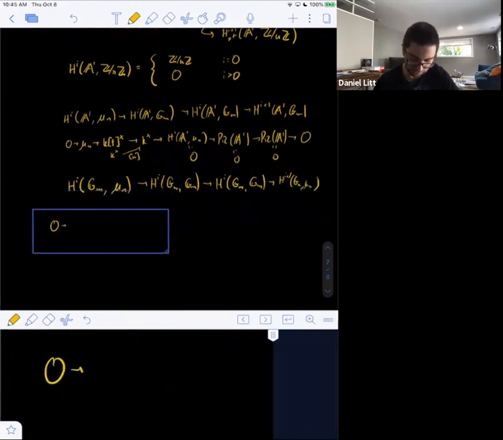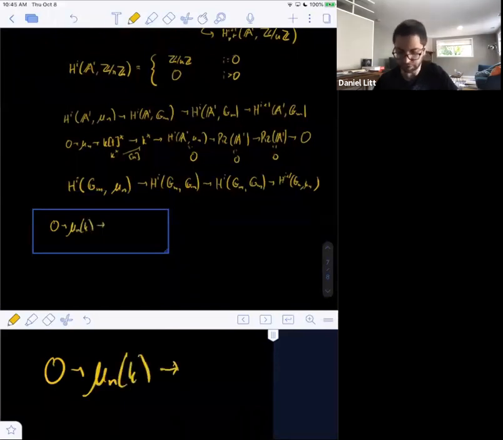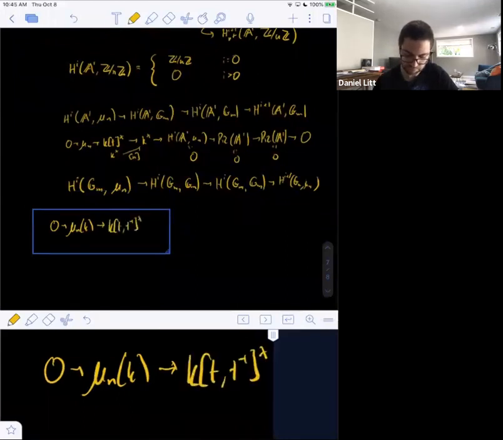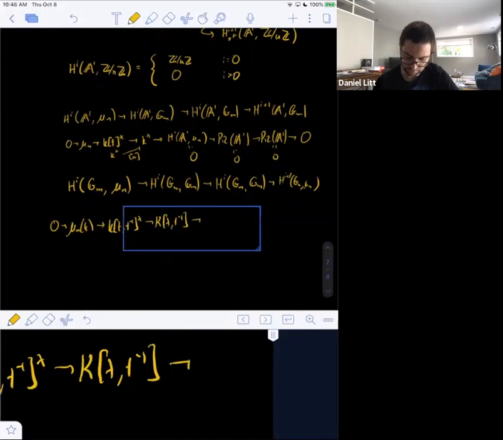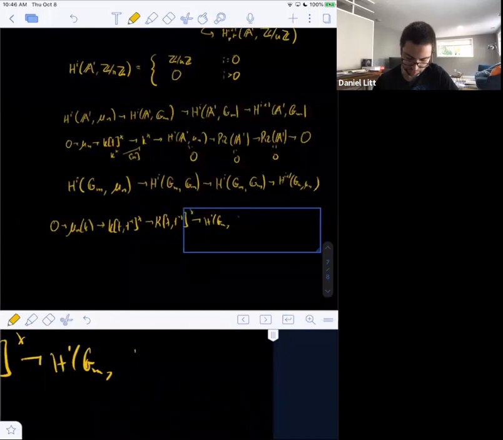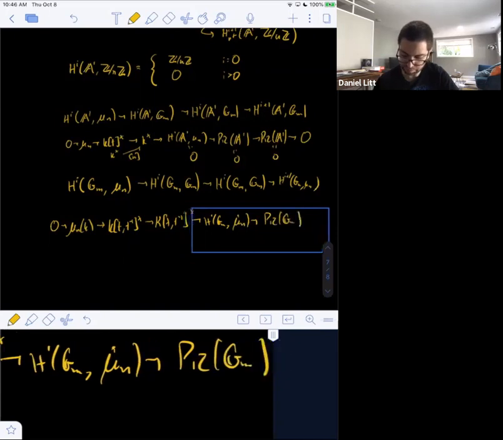So we get 0 to mu_n of k to the units in the ring of functions on G_m, which is k[t, t inverse], to k[t, t inverse] to H^1 of G_m with coefficients in mu_n to Pic of G_m. What's Pic of G_m?